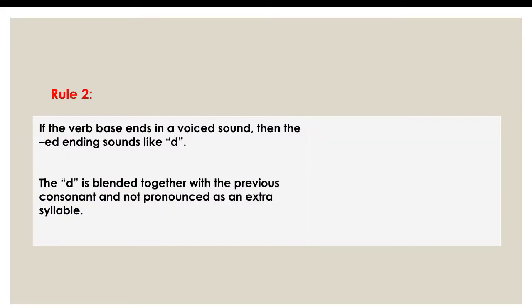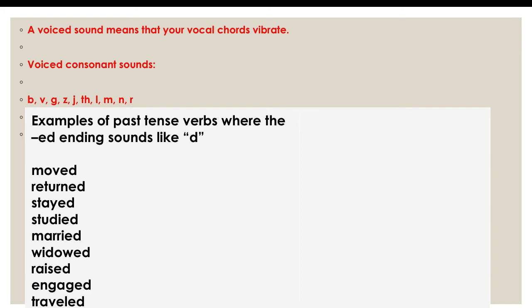Now let's take a look at rule number 2. If the verb base ends in a voiced sound, then the ed ending sounds like a D. The D is blended together with the previous consonant and not pronounced as an extra syllable. Let's take a look at some examples. A voiced sound means that your vocal cords vibrate, as I was mentioning.